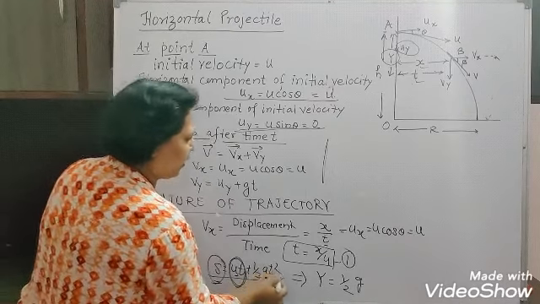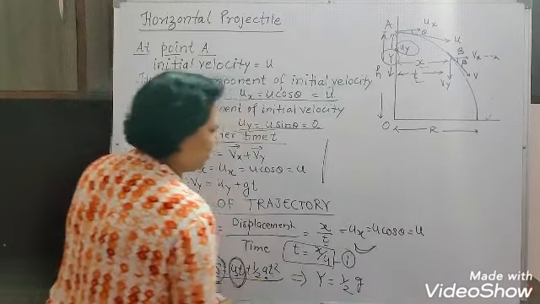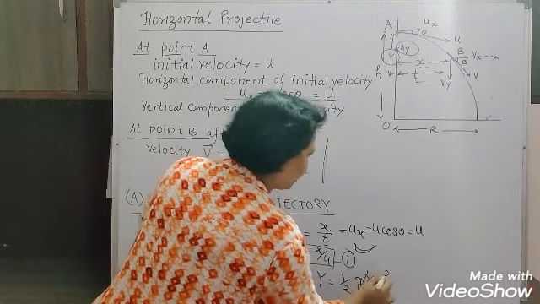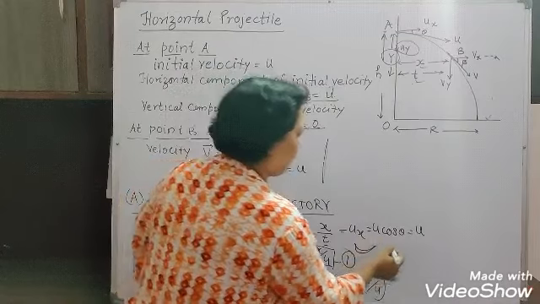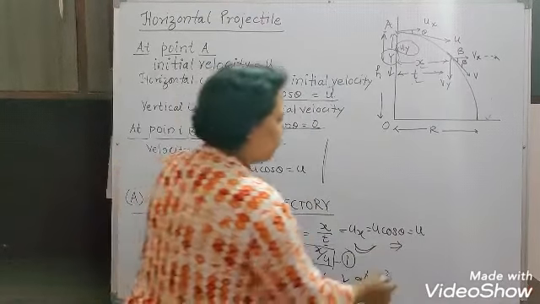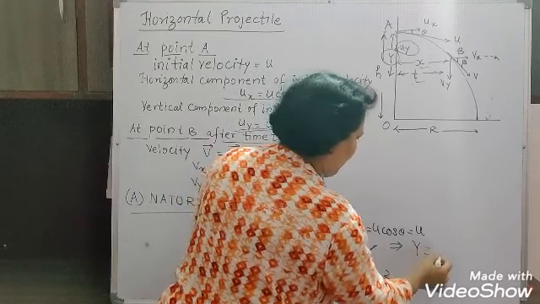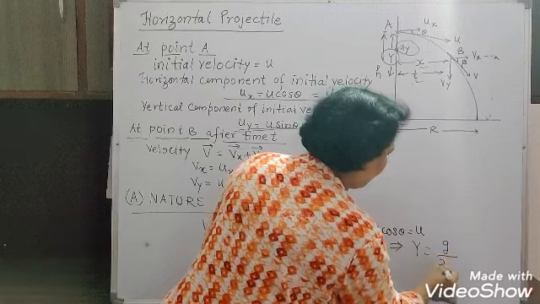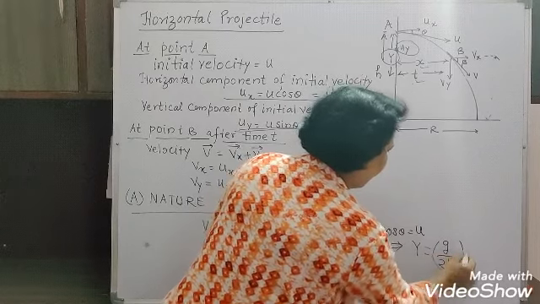The value of t we will write from equation 1, and it is equal to x upon u, the whole square. Now the formula will become y is equal to g upon 2u square, into x square.